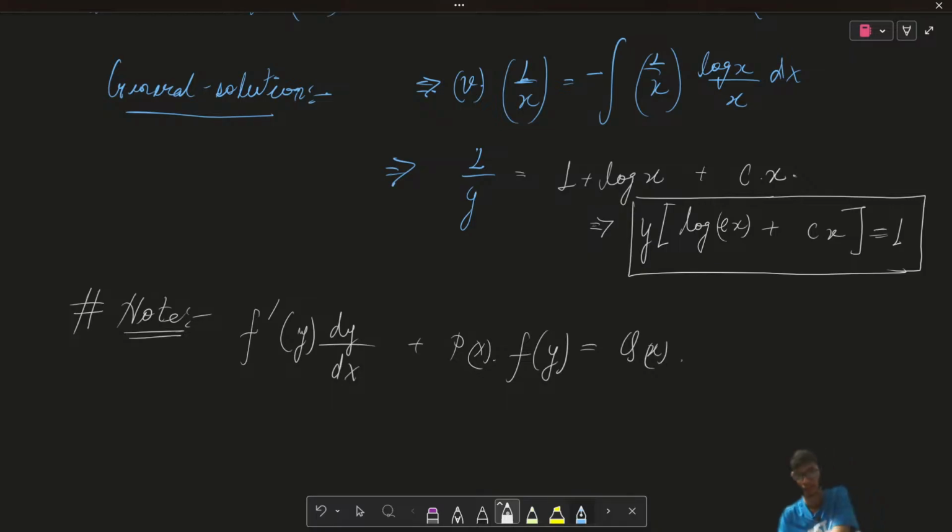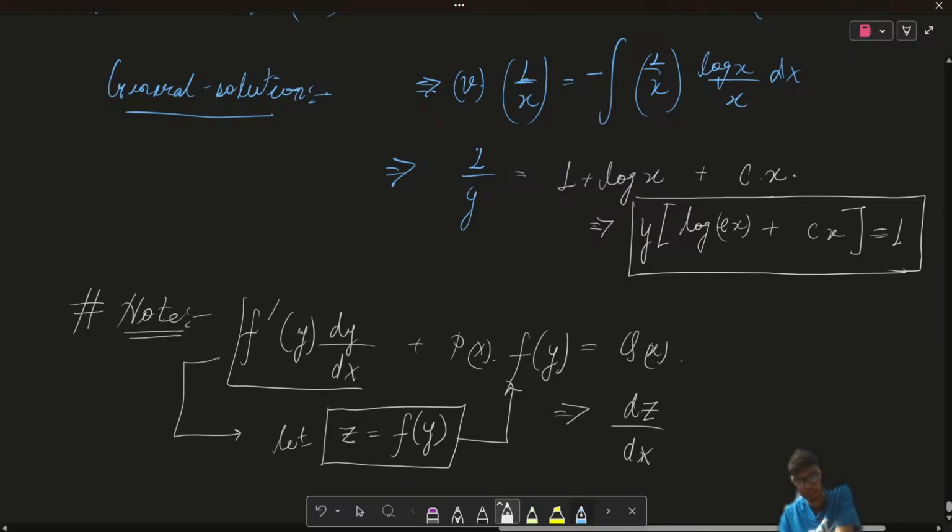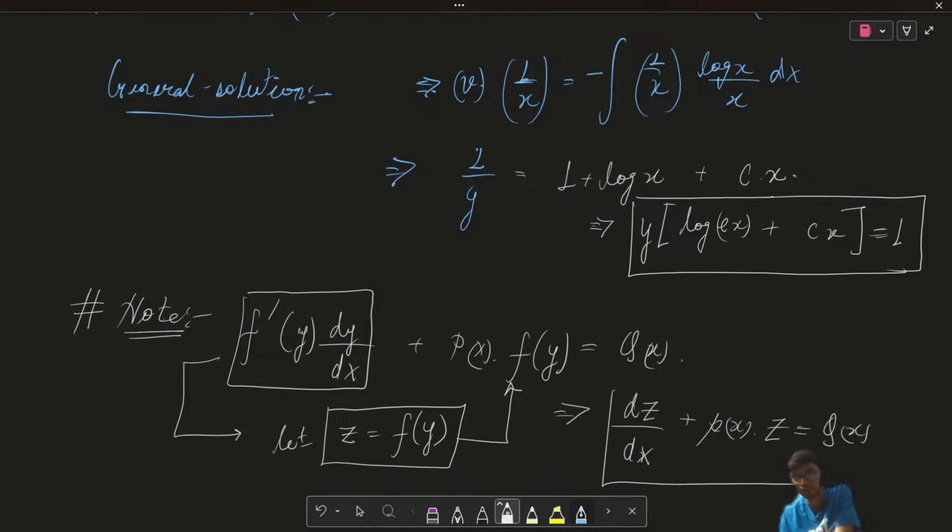This form of differential equation can also be converted into linear by a simple transformation, that is, if I assume z as f(y). Then the differential equation will become dz/dx + p(x) z = q(x), right? So this will be another linear differential equation, right?